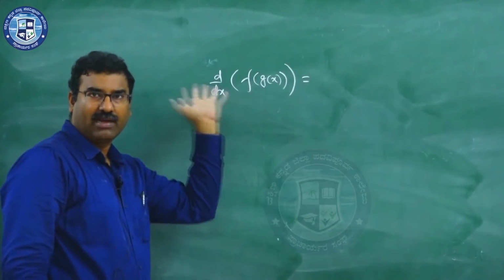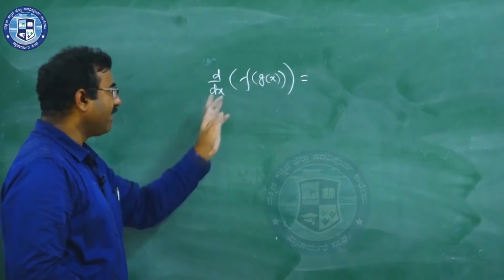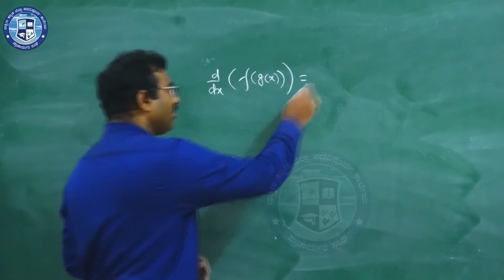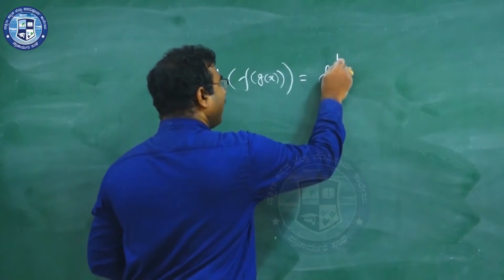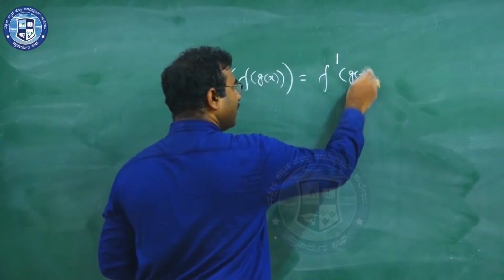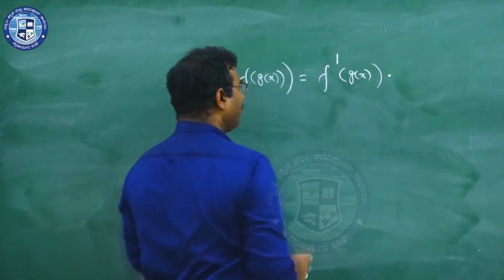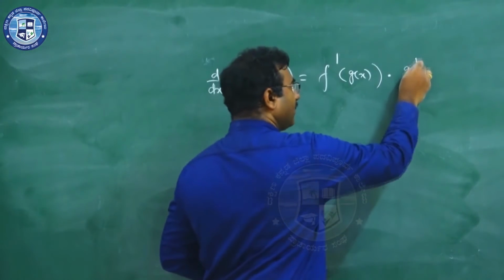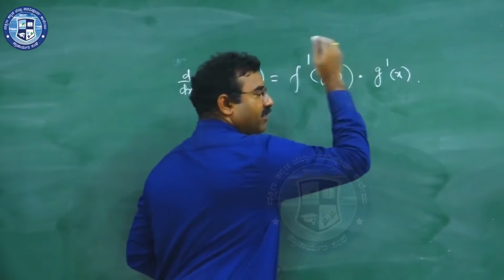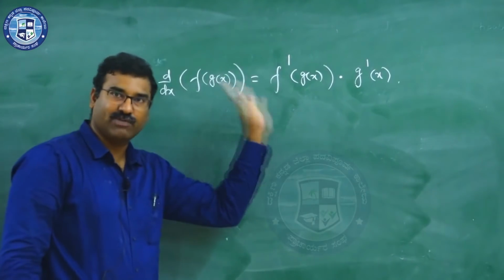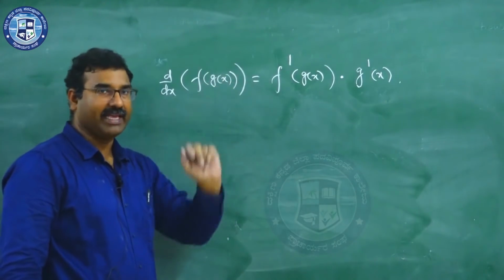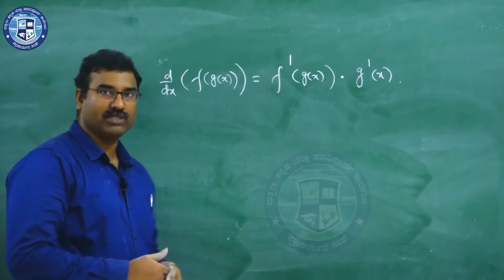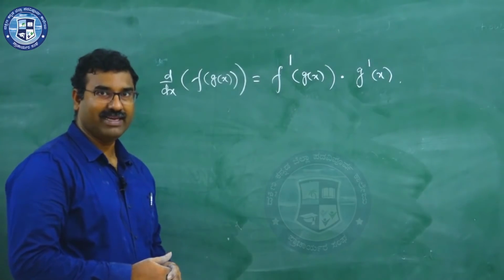Chain rule in another way also we can write like this. d by dx of f of g of x is equal to f dash of g of x into g dash of x.